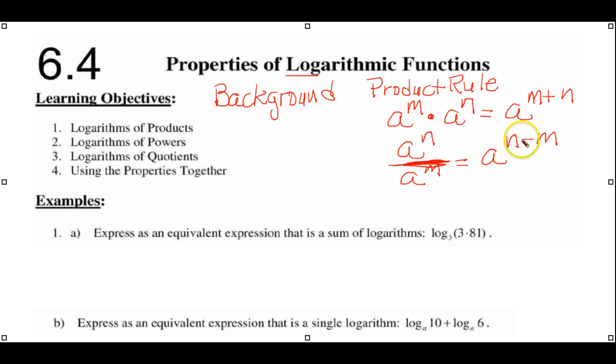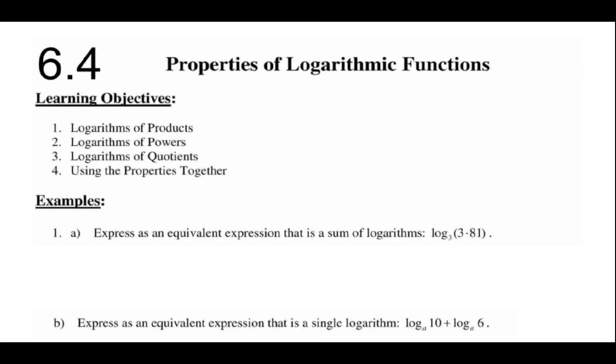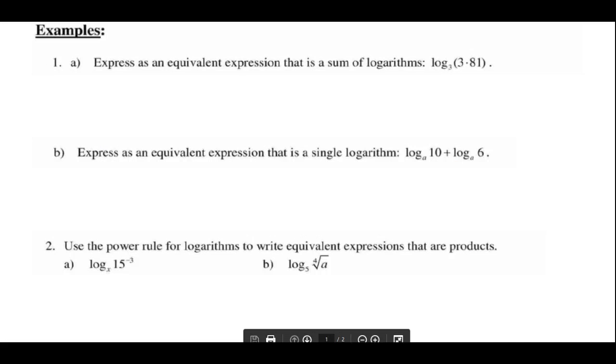So anytime you see subtraction of our exponents in these logarithmic functions, that indicates that you're going to divide. Okay, so with this background, let's start on some specific examples. And since this is sort of jammed up on your page, you may want to put much of this over on the left of your booklet.